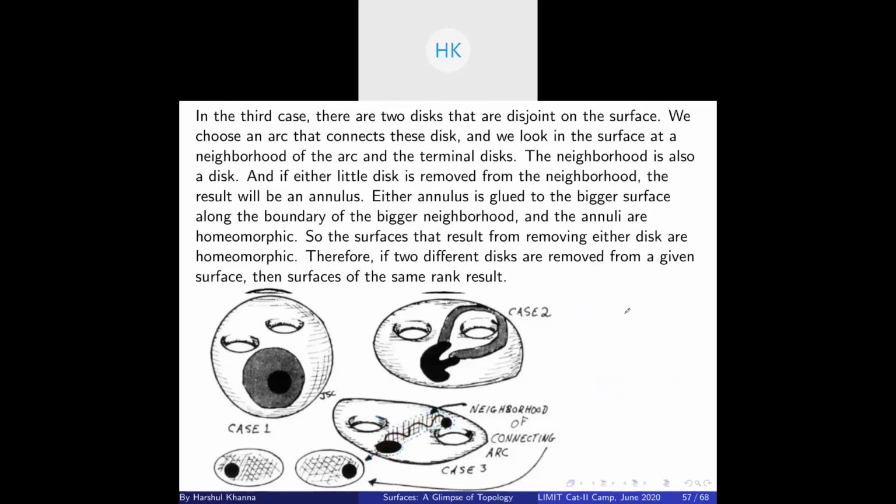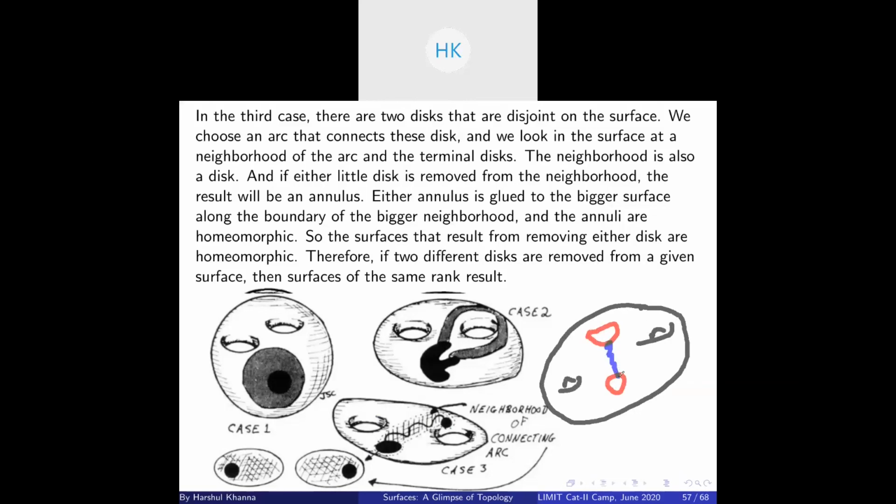Clear my annotations. So suppose you have a surface. You have two discs to be considered. So you want to prove that removing any of the discs will result in the same rank. Now I connect these two discs by, say, a connecting arc.